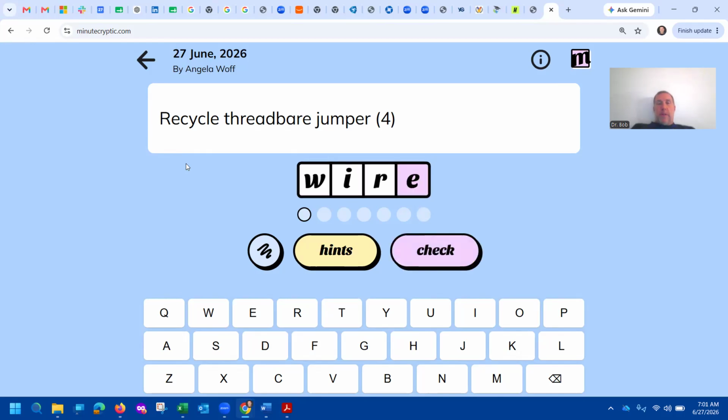I'm just gonna type wire since that's the thing that jumper makes me think of. A jumper's a bunny, a rabbit, a cricket, things that jump. A jumping bean.